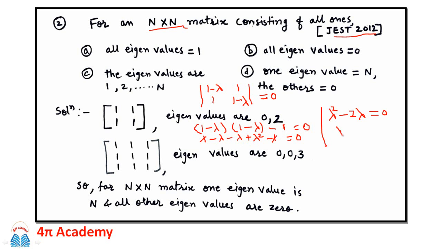So lambda square will be equal to 2 lambda. Cancelling lambda from both sides, we get one of the eigenvalues as lambda is equal to 2.